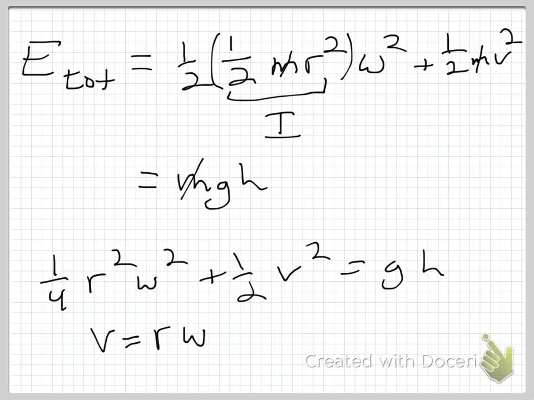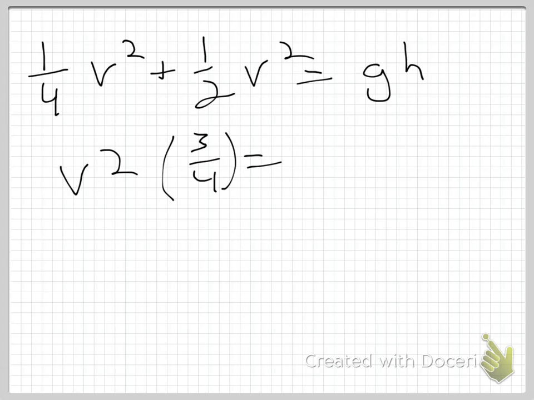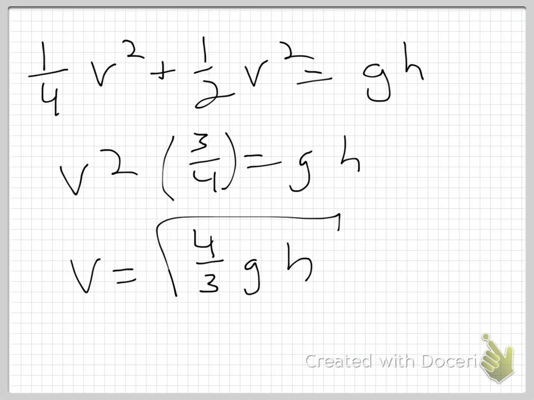If I make that substitution, let me go to a new page, I get 1/4 v squared plus 1/2 v squared is equal to gh, since I've canceled the m. And now I've got it. I get v squared times 3/4 is equal to gh. So v is equal to the square root of 4/3 gh. Just that simple.